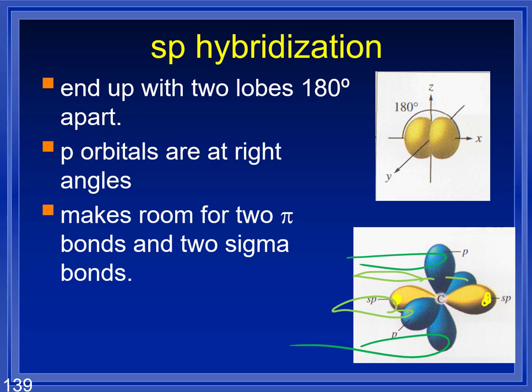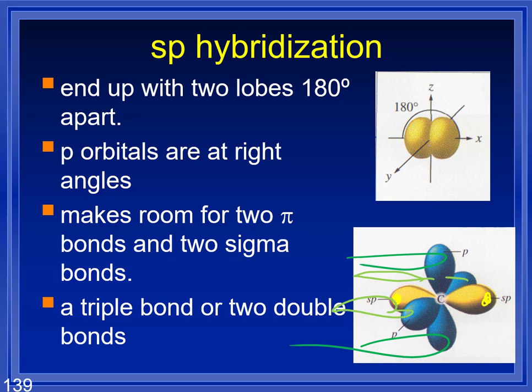So to be to the part where we only have 1 p orbital left, I must have made 2 pi bonds. So I must have made either 2 double bonds or a triple bond.